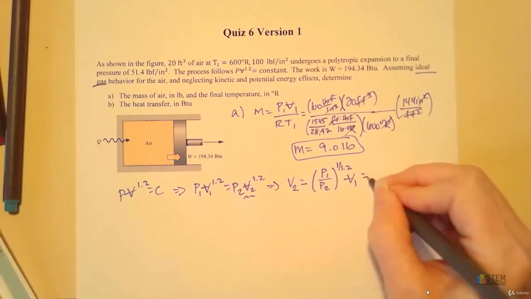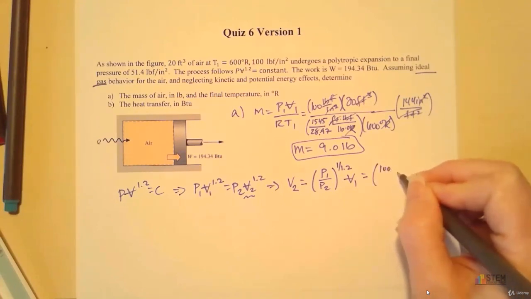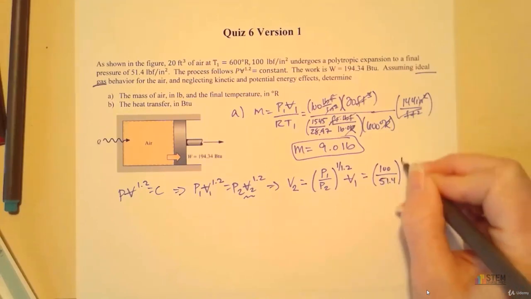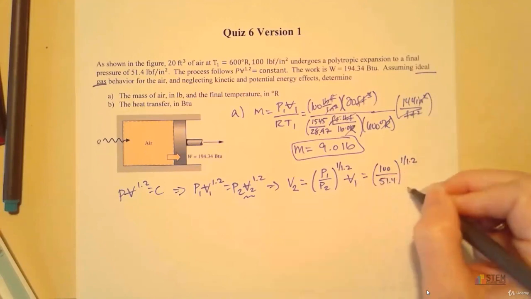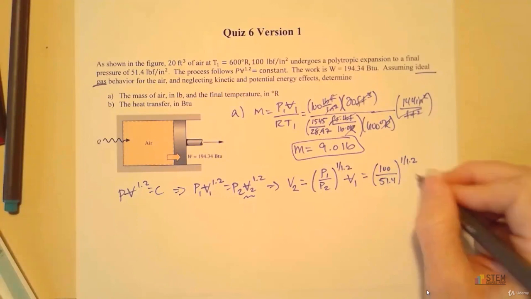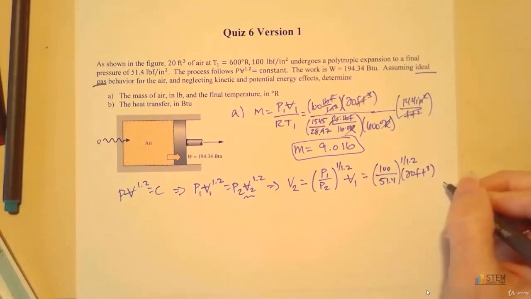Now you'll just need to plug in your values. P1 is 100. And these units for pressure will cancel, so I'm not going to write them out. And then P2 is 51.4. And then V1 was our initial volume. That was 20 cubic feet. Alright, so now we have that.